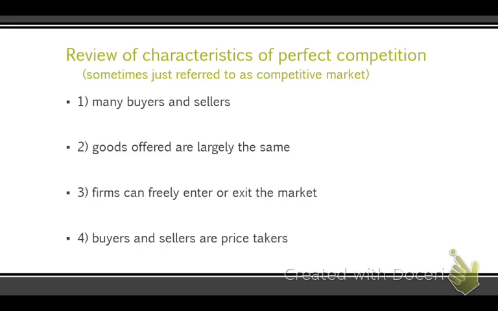Now, some textbooks refer to perfect competition as just the competitive market. The AP exam will use perfect competition, but if you see competitive market in a textbook or something you're reading online, they're talking about the perfectly competitive market.